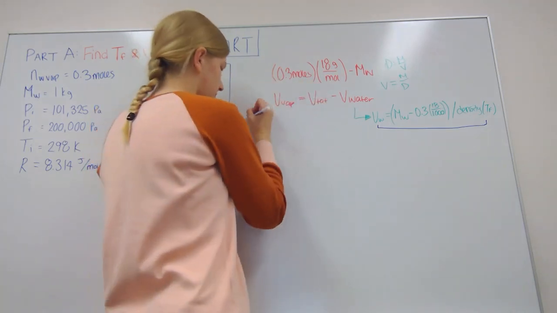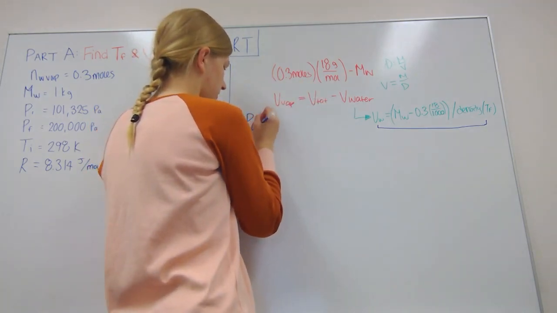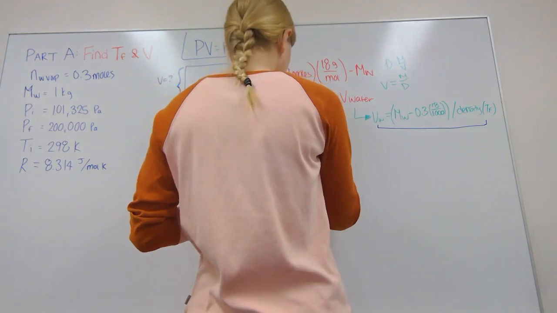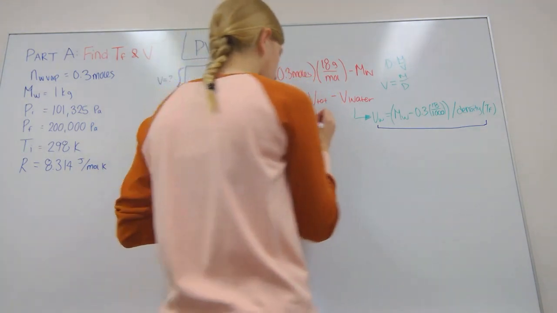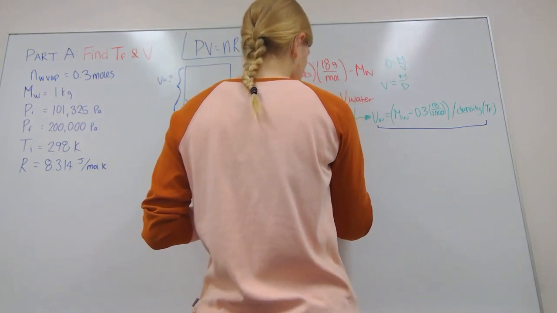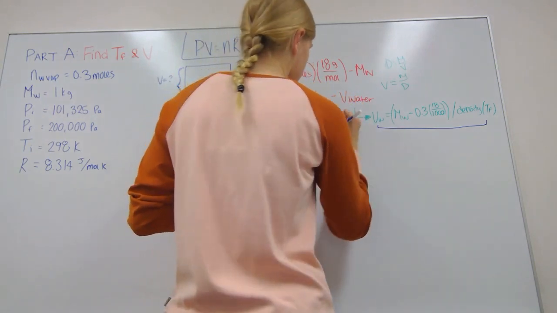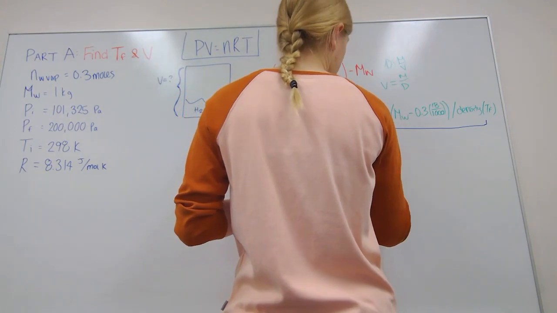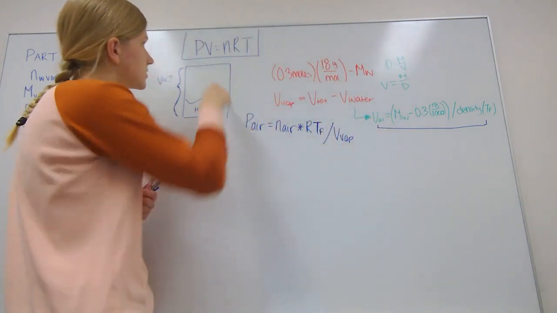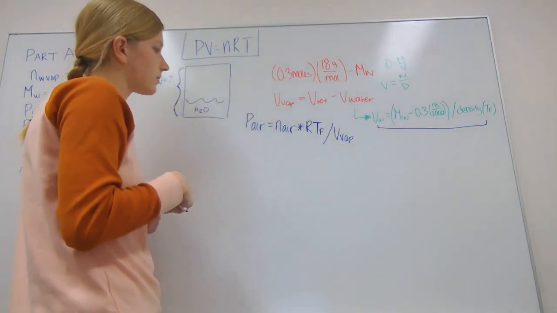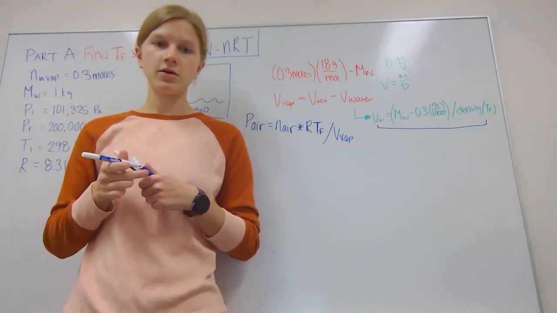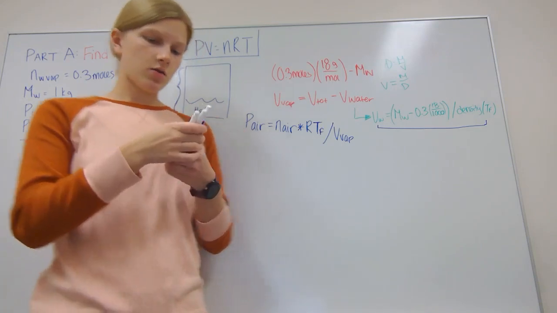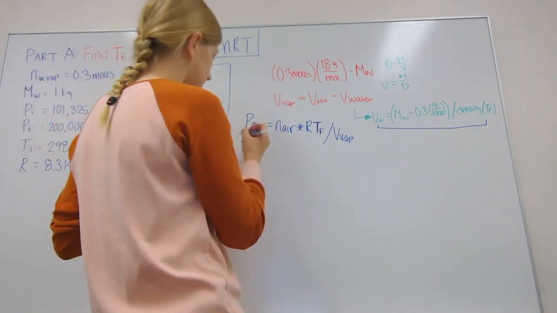Now we want to do the pressure of the air, number of moles of air times RT. We're doing the final temperature this time divided by the volume in the vapor phase, just dividing by the volume from the ideal gas law equation. Okay? And then we need our second equation because we have two unknowns.